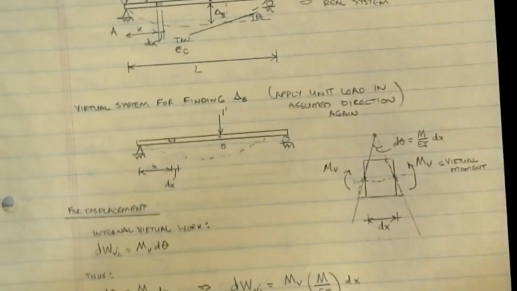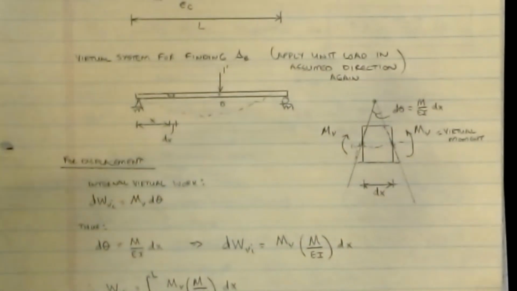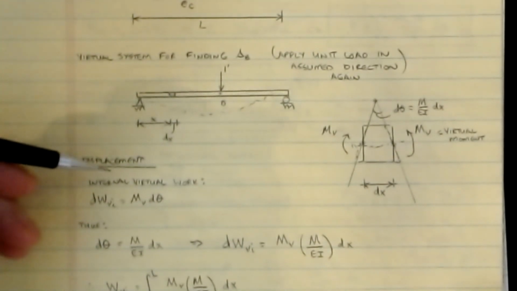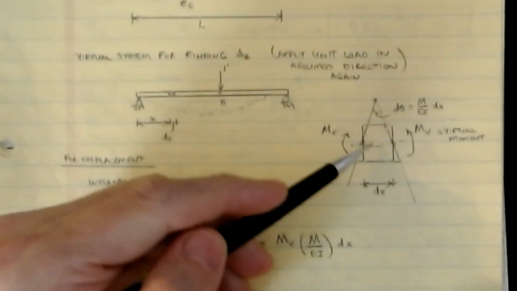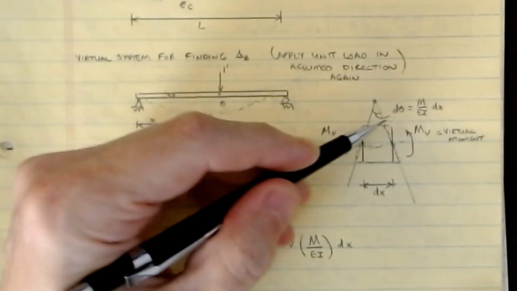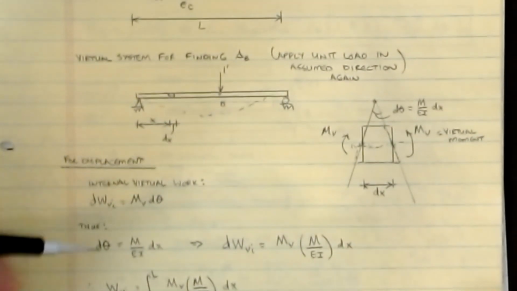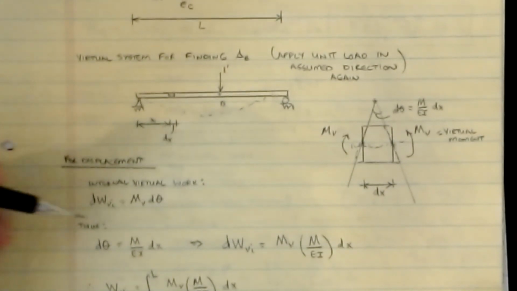Okay, so this is for displacements, for finding delta B. For displacements, the internal virtual work on this particular element is going to be equal to the moment multiplied by the rotation that it goes through. So it's going to be m_v times d theta, the incremental work associated with this piece.